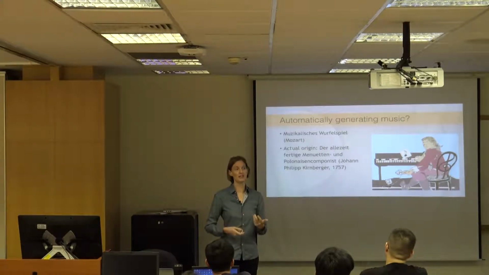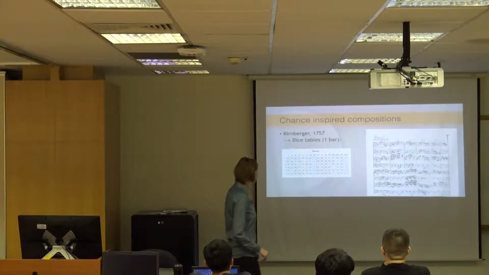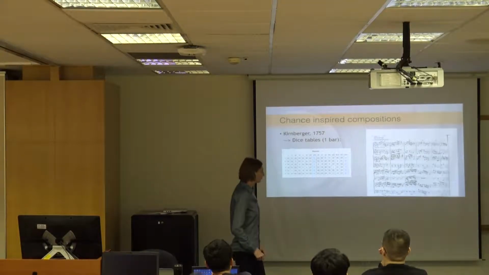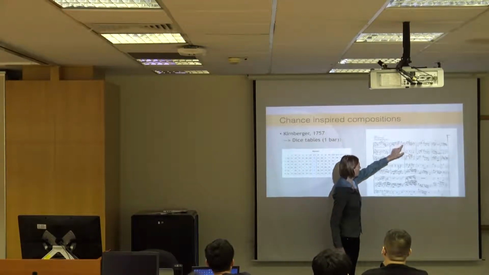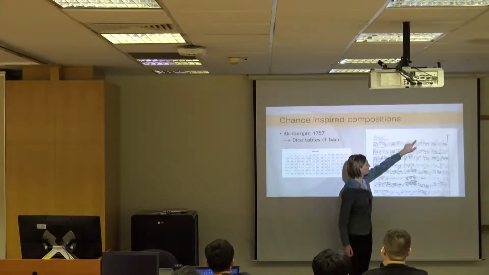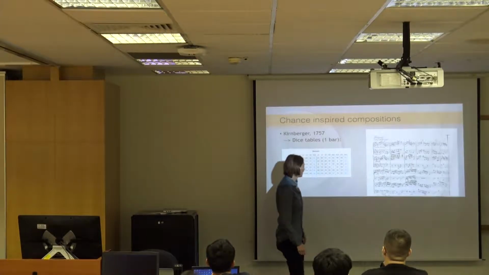And it was made to style music. So what does that look like? Just to give you an idea. From Kernberger, he has a sort of sheet of music with the bars labeled 1, 2, 3, and so on. There's more than 6. How does that work?